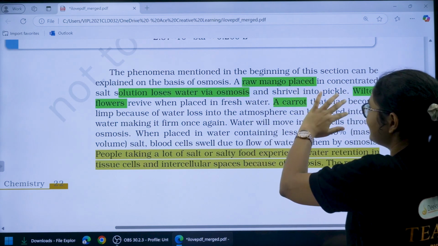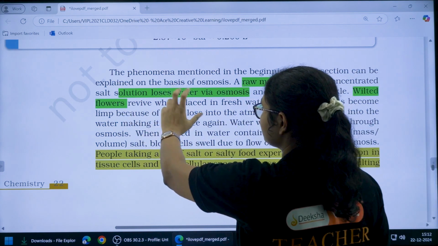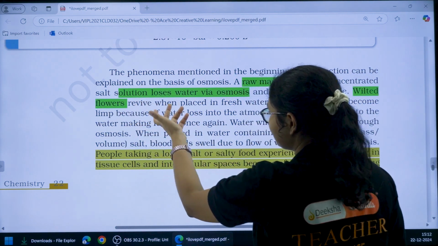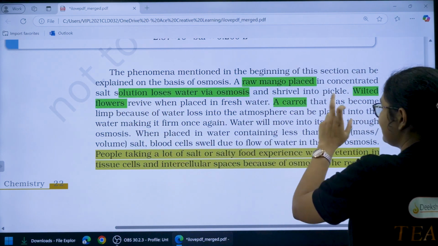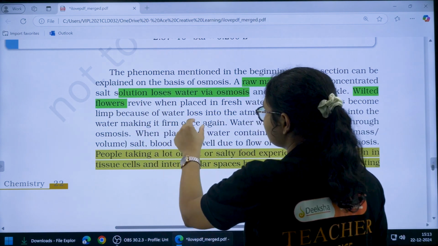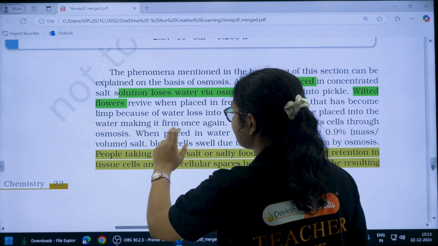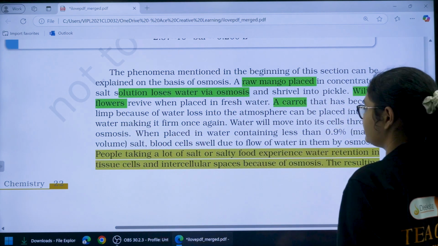A raw mango placed in a concentrated salt solution loses water. Wilted flowers revive when placed in fresh water. A carrot that has become limp because of water loss into the atmosphere can be placed into water, making it firm once again. Okay, 3 examples we got.